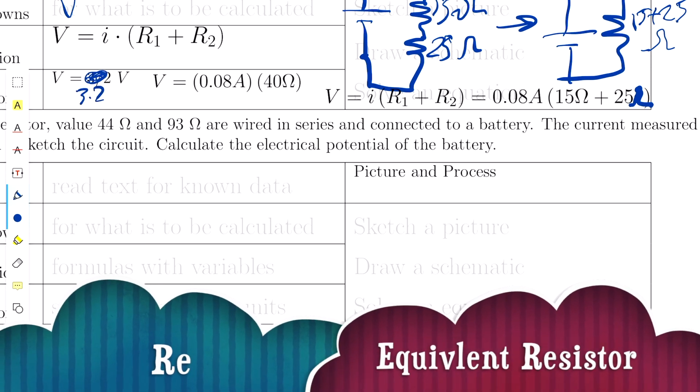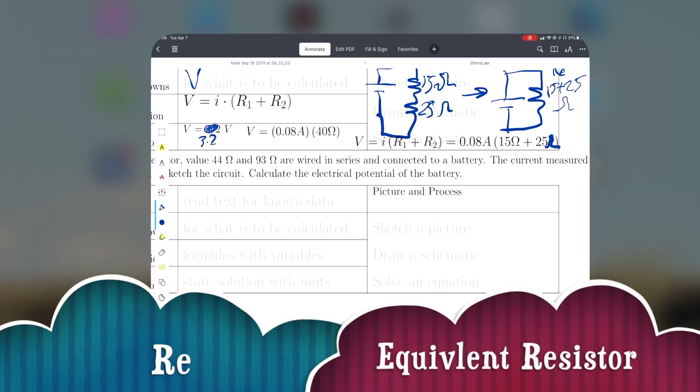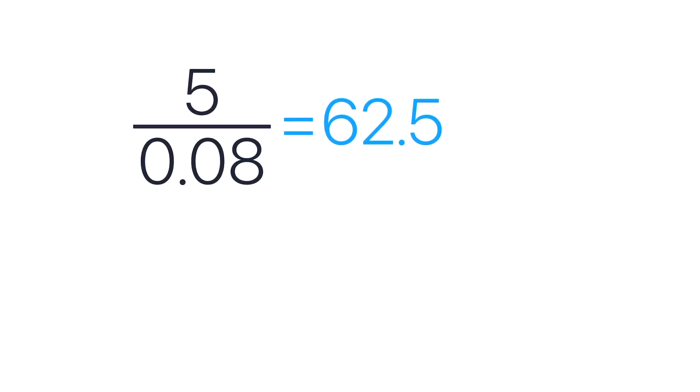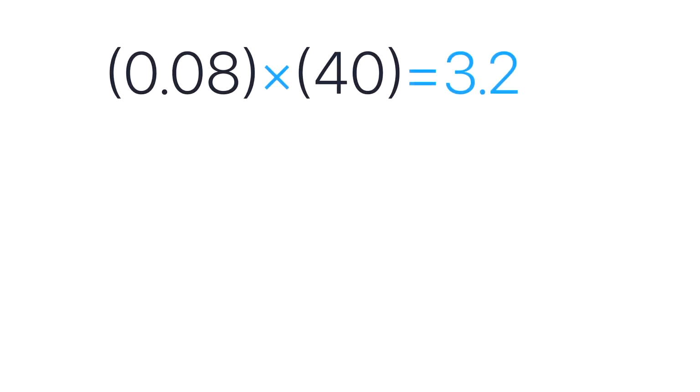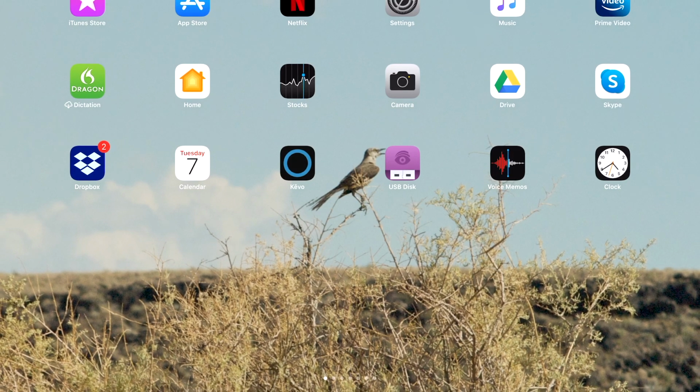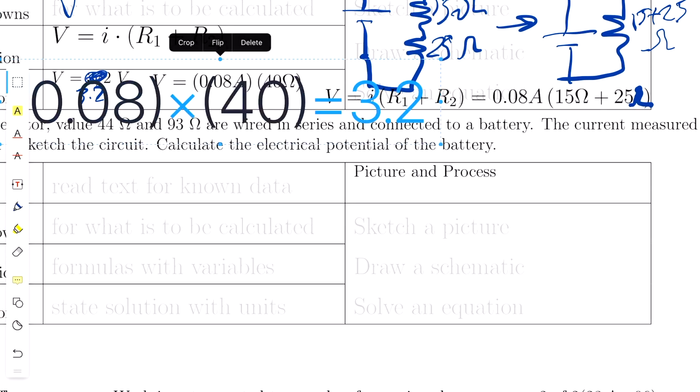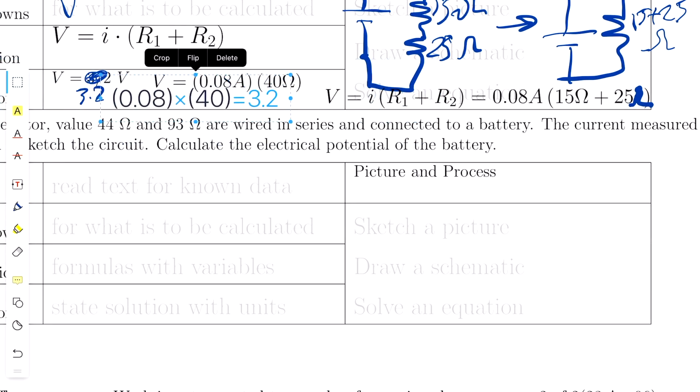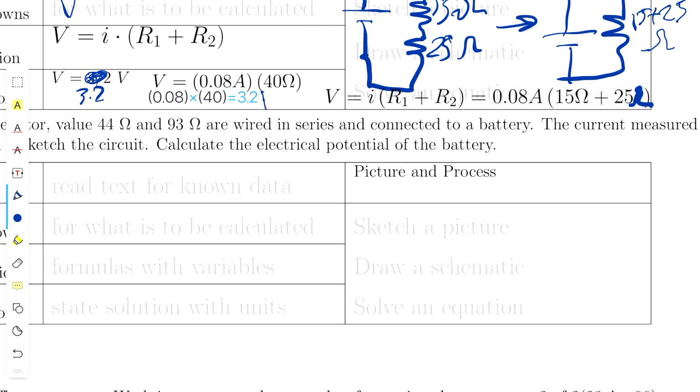You should make 3.2 volts, 0.08 times 40. Like I said, I'll have the answer fixed. And the units is volts.